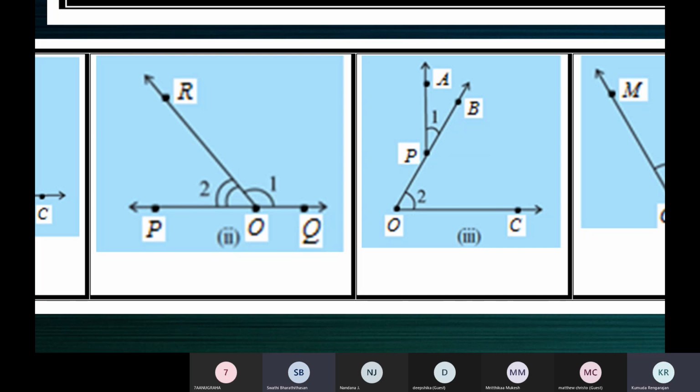P is the vertex of angle 1. What about angle 2? O is the vertex of angle 2. How do you name angle 2? Ma'am, it's like BOC or COB. So which is the vertex? O, ma'am.